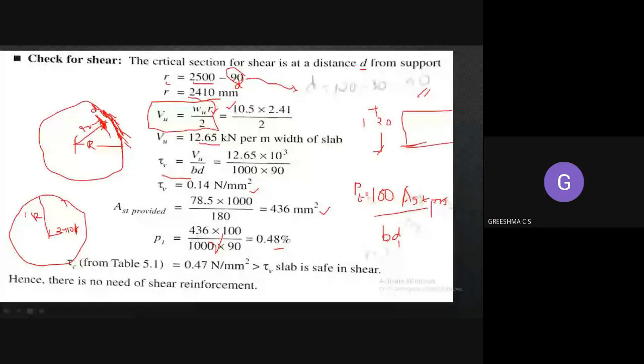Now what you have to do? Now you have to take the IS code, page number 73. Everyone quickly take the IS code, page number 73. And find out the shear stress.